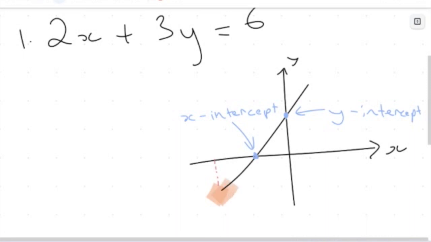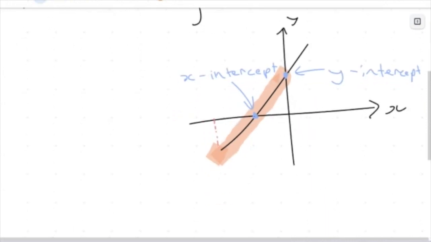And as I pass along this line, my x is getting bigger, bigger, bigger, bigger. And right at this exact point, this blue dot, which we call our y-intercept, my x value is 0. So I'm just going to write that down here just to remind you guys. So the y-intercept happens when x equals 0. So the x value, or the x coordinate at the y-intercept is 0.